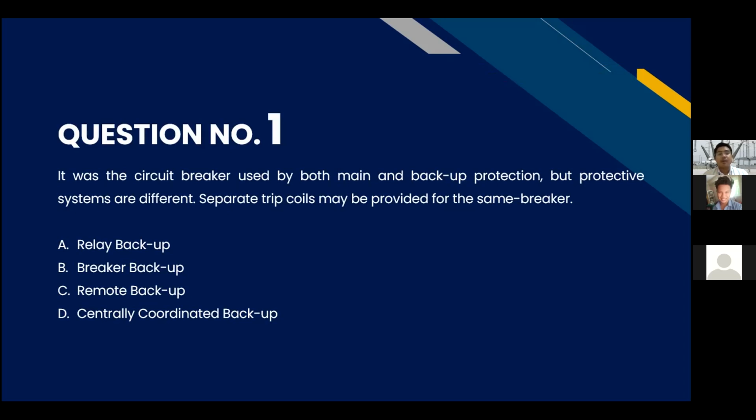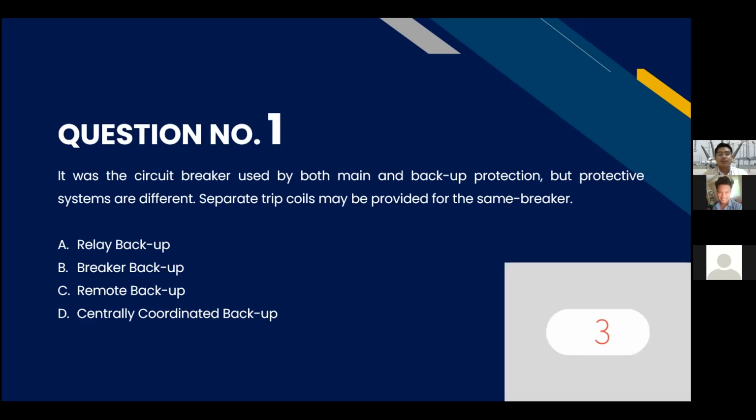Separate trip coils may be provided for the same breaker. For A, relay backup. For B, breaker backup. For C, remote backup. And for D, centrally coordinated backup. The timer starts now. 5, 4, 3, 2, and 1.